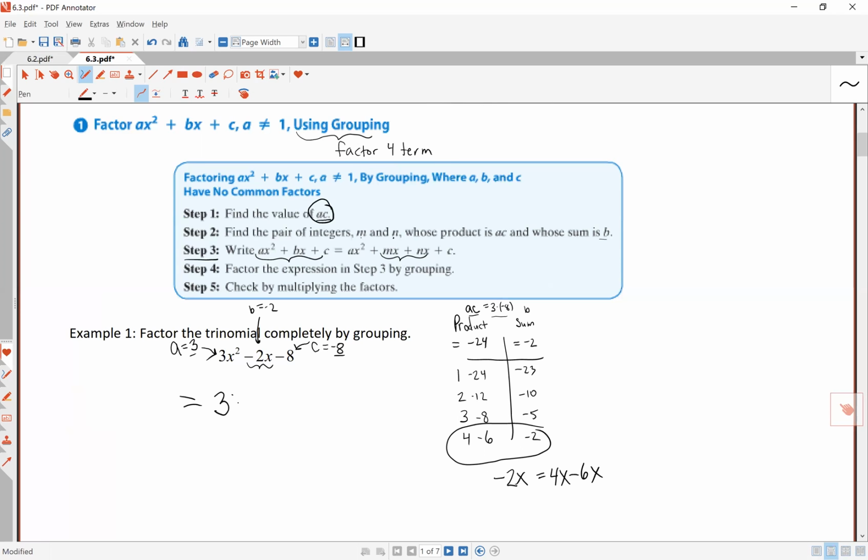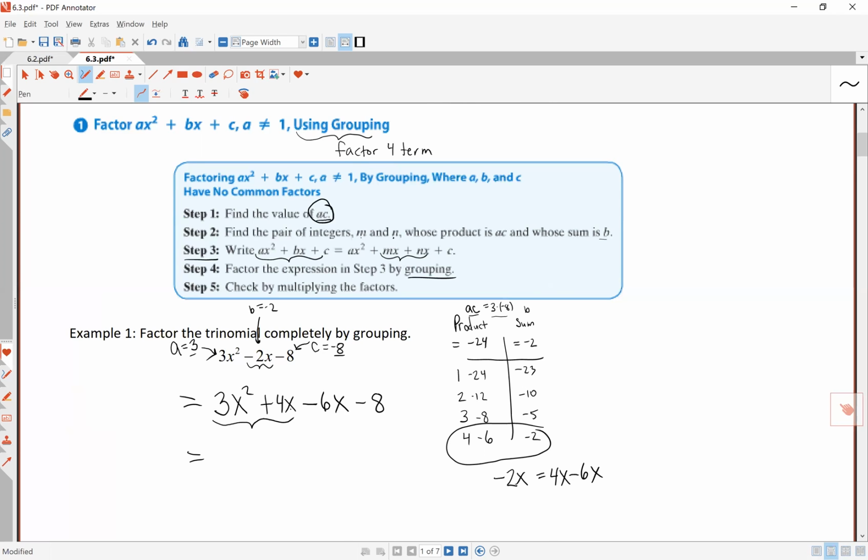Then we get 3x squared plus 4x minus 6x minus 8. Now we have a four-termed polynomial that we can factor by grouping.